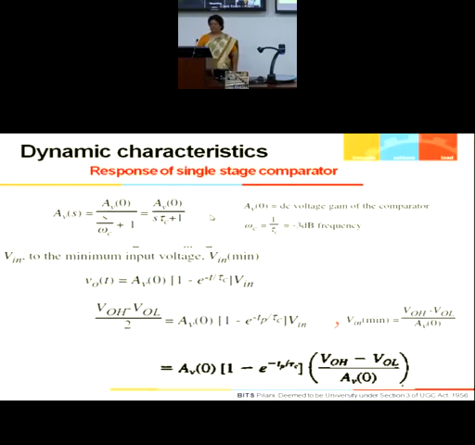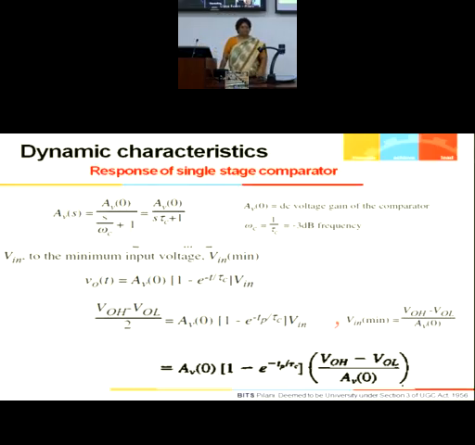Now if I represent this in the time domain, VOT, the output voltage as a function of time, is simply a charging operation, given by gain times V in, multiplied by 1 minus e to the power minus t by tau C. Charging equation.